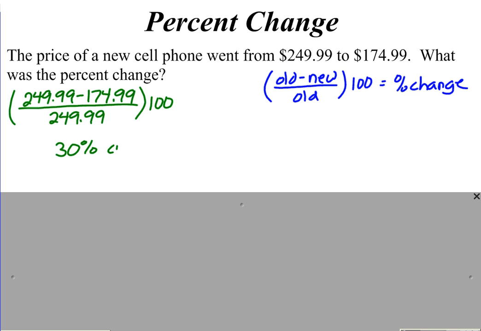The price was going down, so this represents a 30% decrease. Let's look at how we could plug that into the calculator.